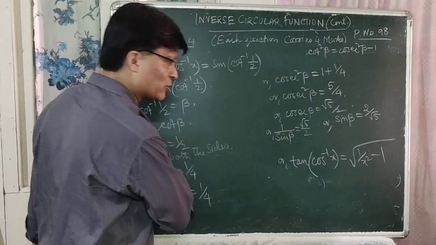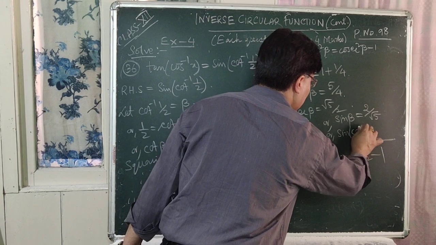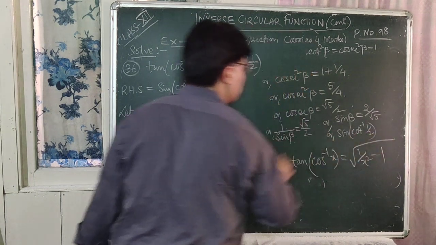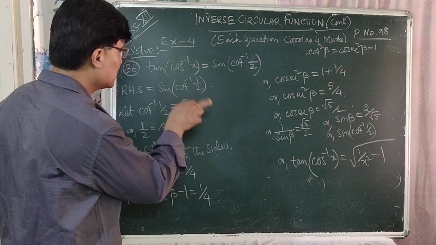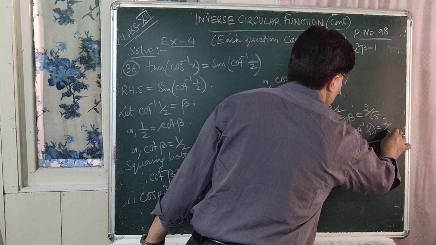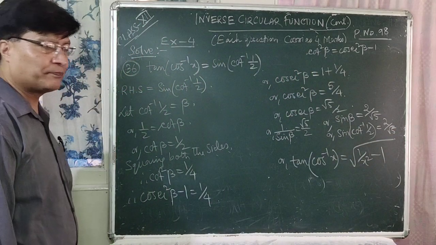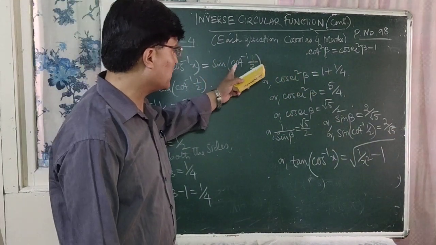Now we can put the value for beta. What is the value for beta? It is cot inverse half, right? Or sine of, within bracket, you can write cot inverse half. Sine within bracket cot inverse half is equal to, how much is it? 2/5. Got it? So what is the value of this right hand side?